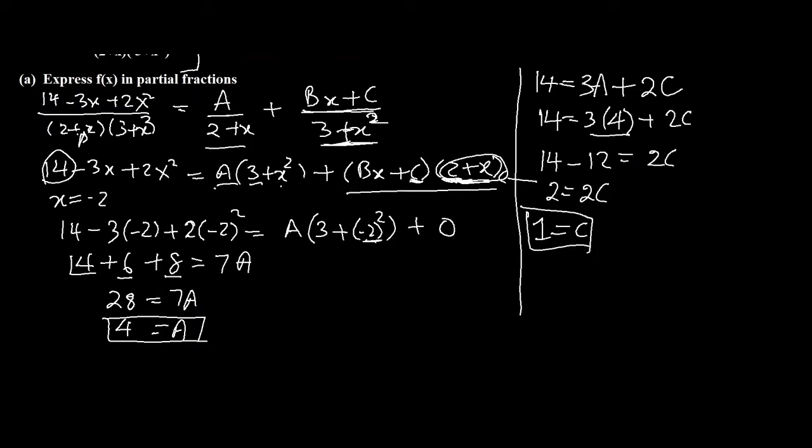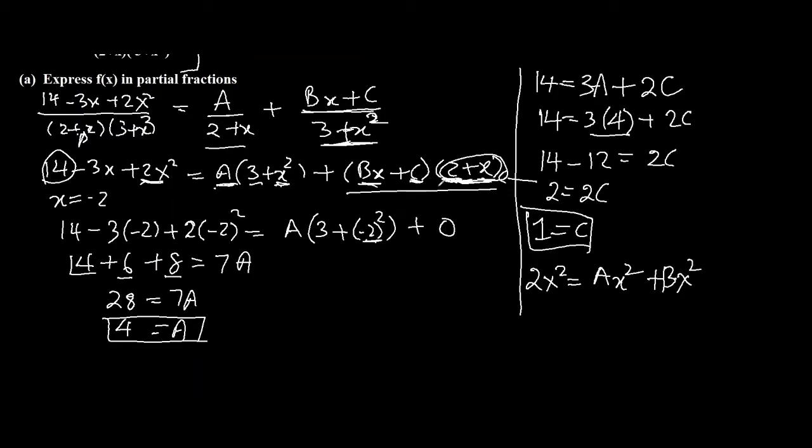So we got A, we got C, B is the only one left. So what we can do, we can compare the squares now. Okay, x squared. So 2x squared on the left side has exponent 2. Let's see here. We will get Ax squared on the right side. Then we'll get Bx multiplied by x, will be Bx squared.